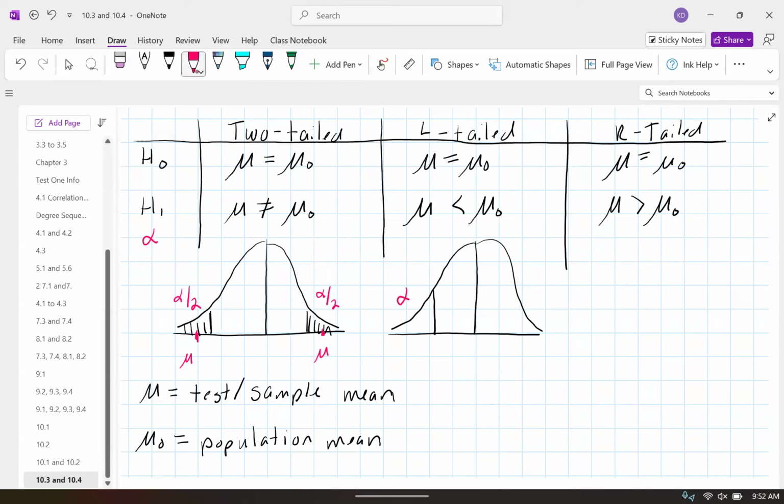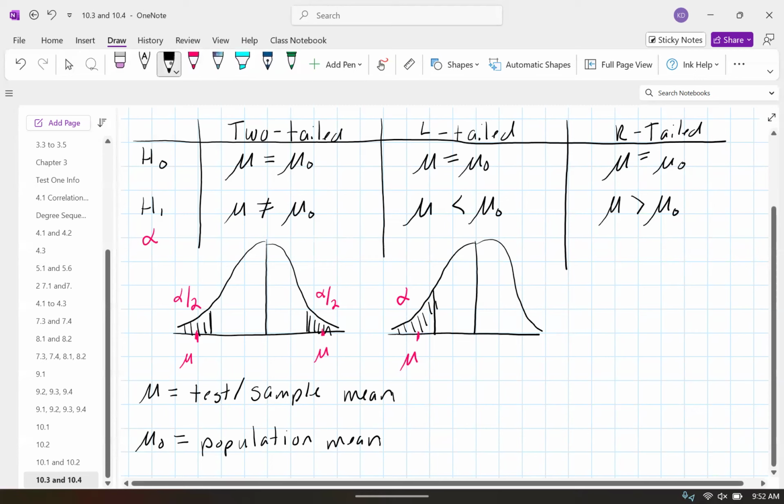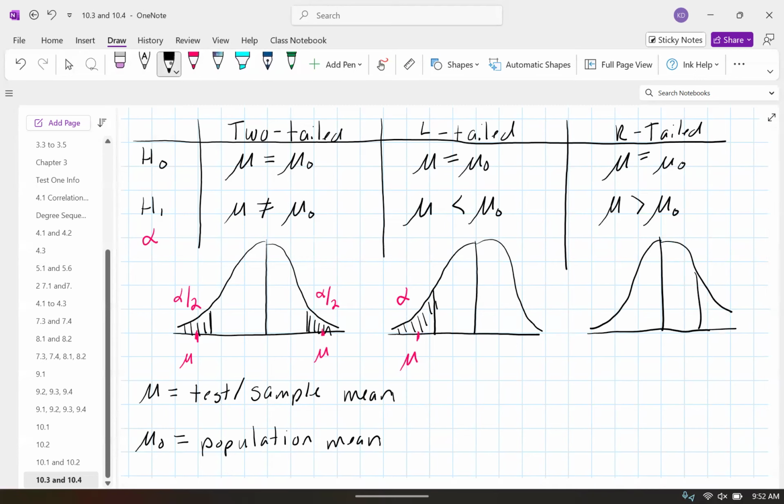We have our full alpha on the left. So our significance level. So more space over there. And we're saying our test value is going to be smaller. So it's on the left for our alternative hypothesis. And this is the same picture, but flipped. You know, assuming I could draw symmetrically, which we all know I cannot.